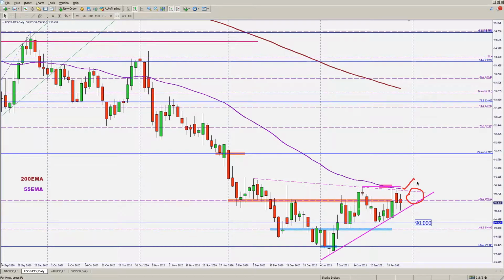So if it breaks out higher, then it could target the 100 fib previous swing low at the 91.70 area. If it fails and breaks down, then it could target the 90 level key support zone along with the 162 fib extension. So next week is going to be key as it's due for a breakout very soon.